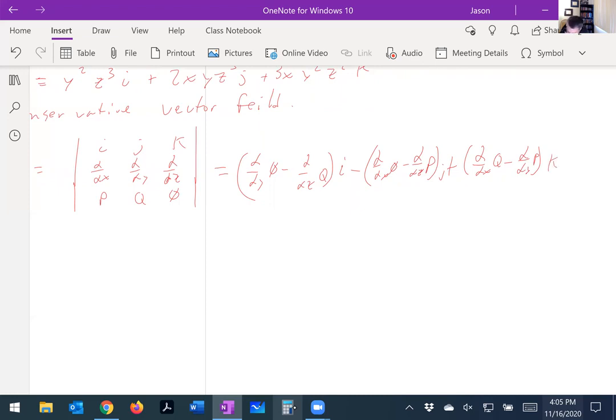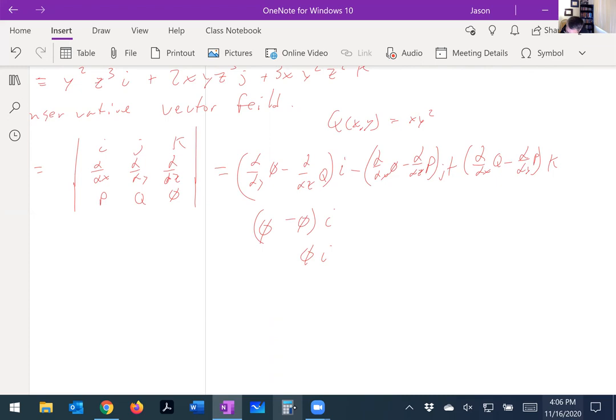So this d/dy of 0 is just 0. But d/dz of q, what is q? Q is q of x, y. If q is just in terms of x and y, then when I take the partial with respect to z, that whole thing is going to go to 0 because it's treated like a constant. So this is just 0i.